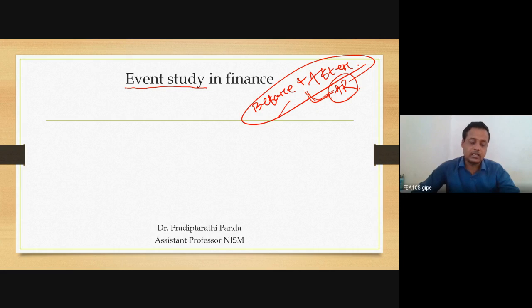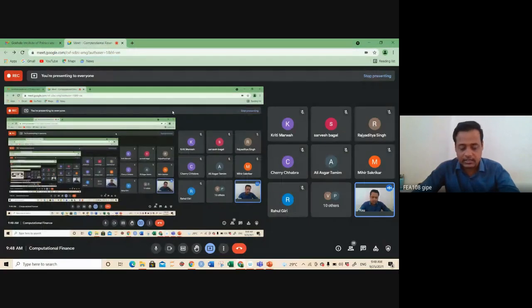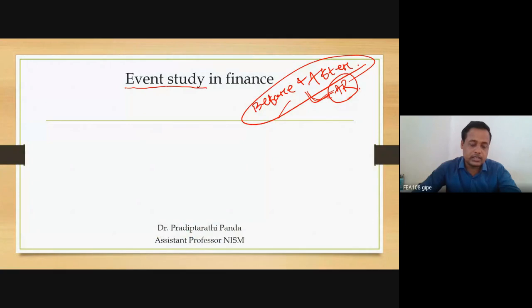So basically, this event study is widely used in finance. Nowadays, in marketing and HR also, this is being used. We use this event study through either the market model or the CAPM model, and the Fama French model also. Event studies are being built up.